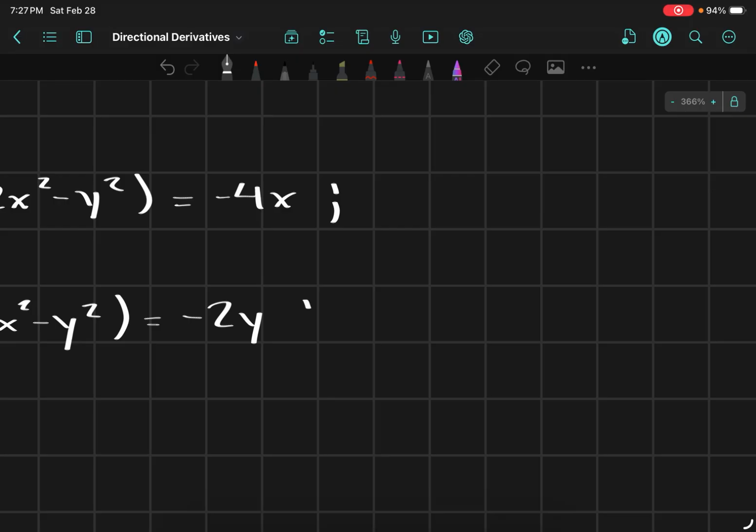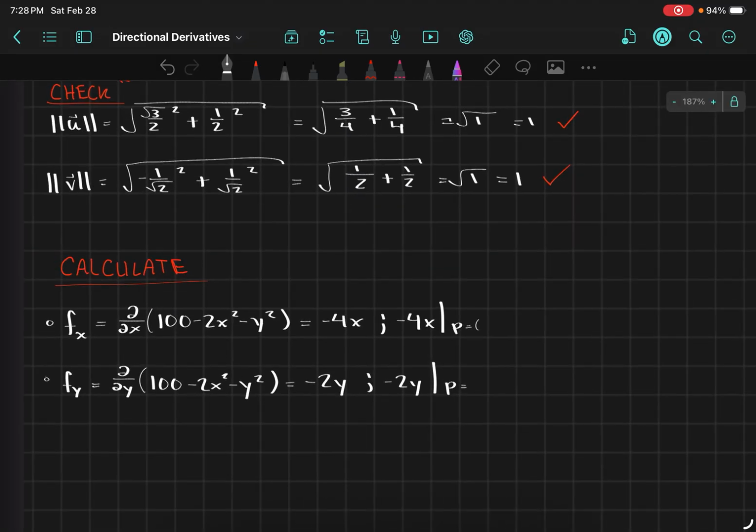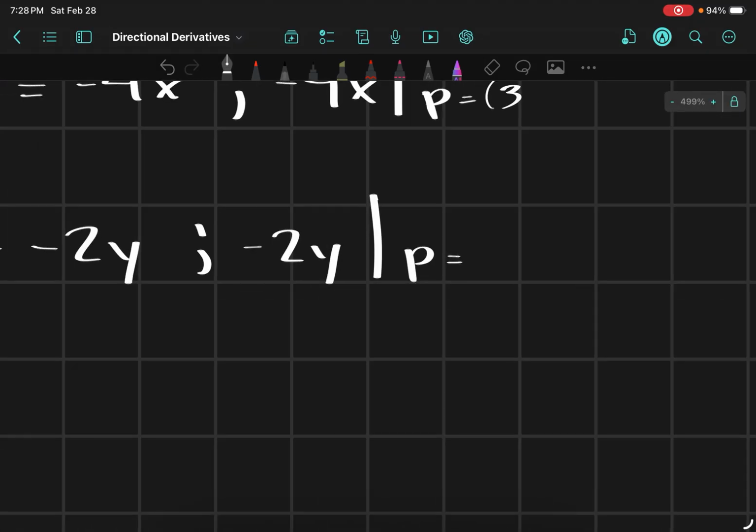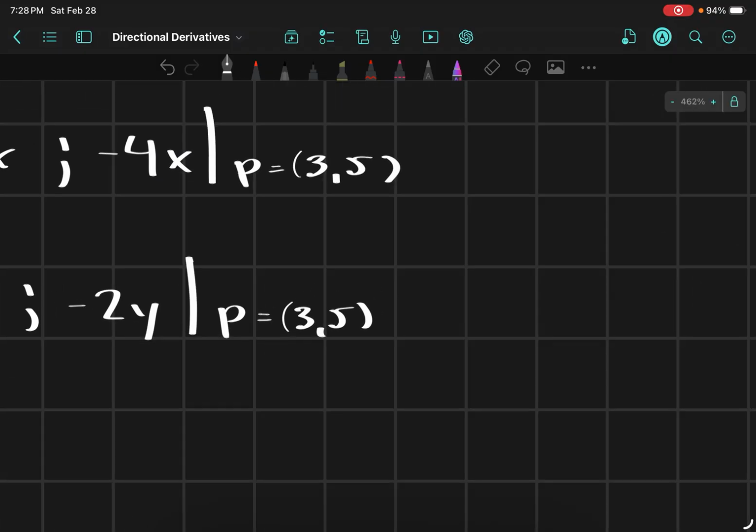So now we are going to plug in our point P. So negative 4x evaluated at our point P, negative 2y evaluated at our point P, which is going to equal, what was that, 3, 5, I believe? Yeah, 3, 5. That's going to equal negative 4 times 3, which is just going to equal negative 12.